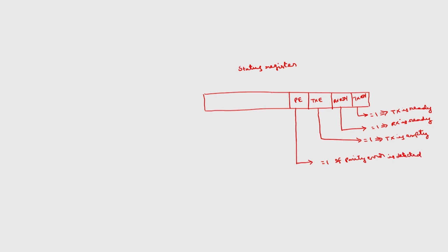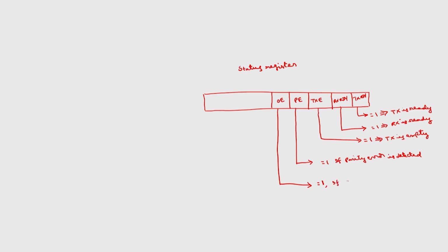Then we have overflow error. If this bit is equal to 1, it means the first character was not received before the second character is ready.